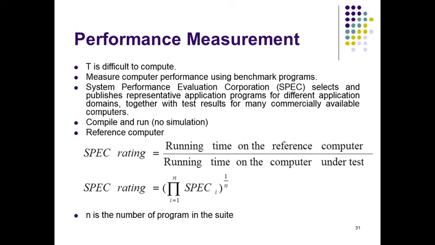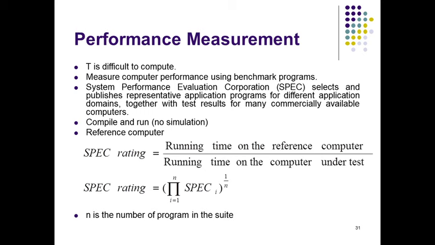The test is repeated for all the programs in the SPEC suite and the geometric mean of the results is computed. Let SPEC_i be the rating of program i in the suite. Then the overall SPEC rating of the computer is given by SPEC rating equals the product, for i ranging from 1 to n, of SPEC_i raised to the power 1 divided by n, where n is the number of programs in the suite.